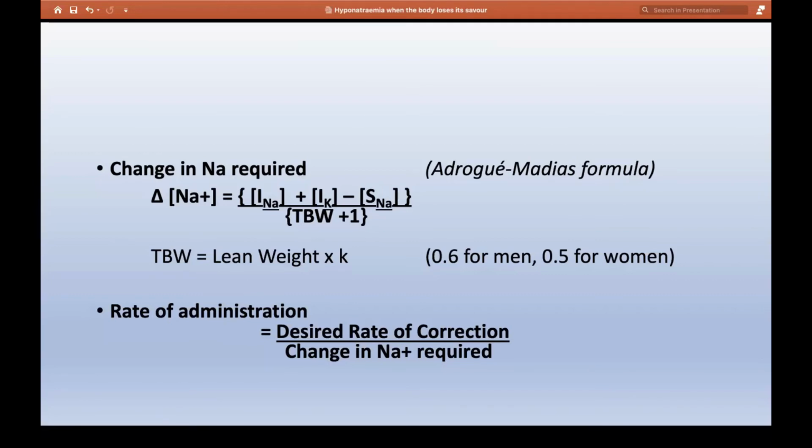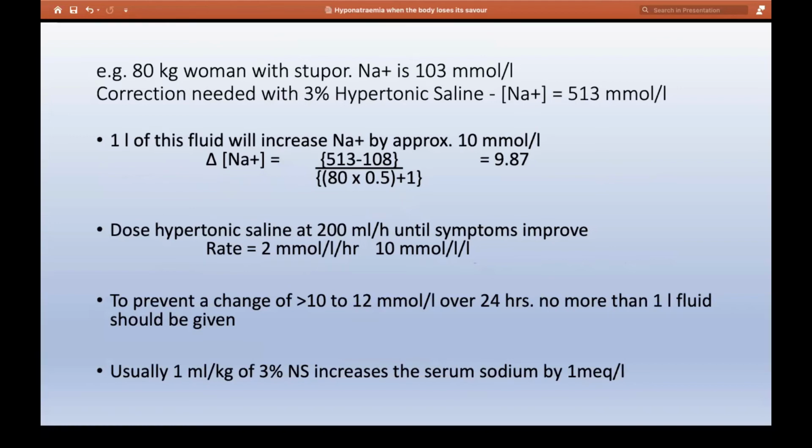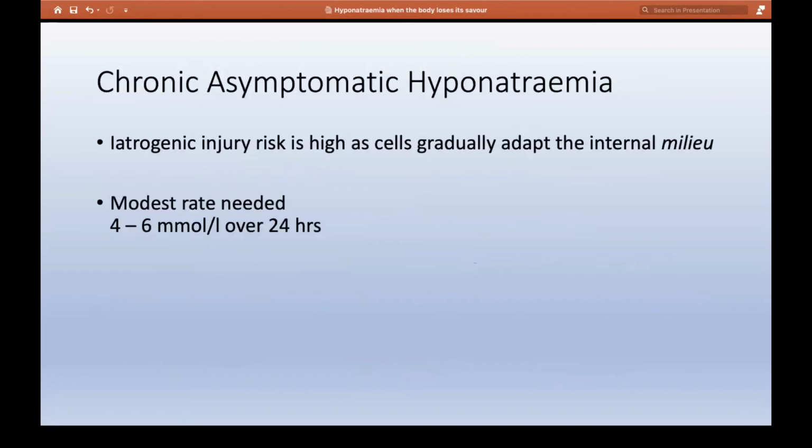Again, I will not go into detail of these equations. These are there in your phones, as apps where you can determine the rate of correction. So you need to be mindful of how to correct. So use those apps and correct it.